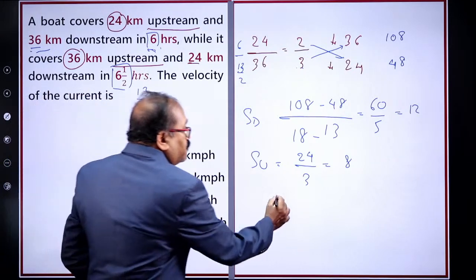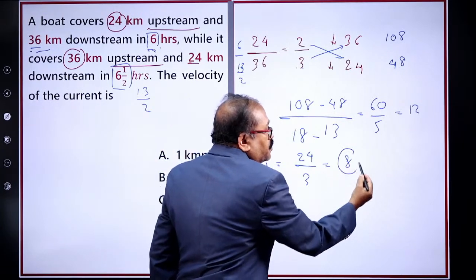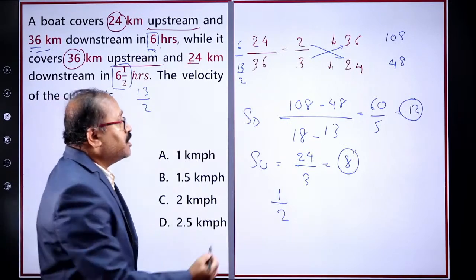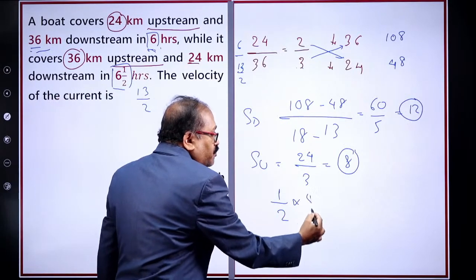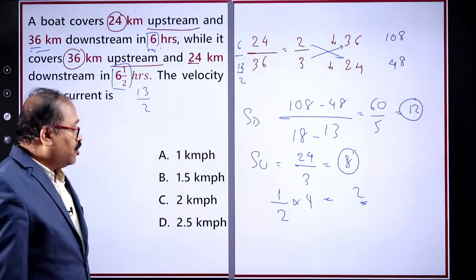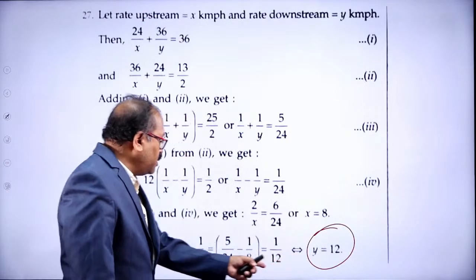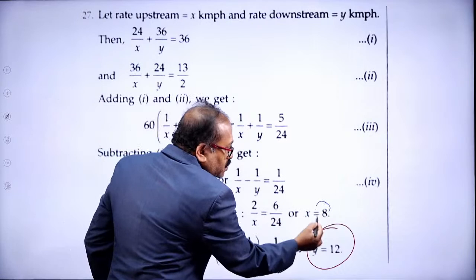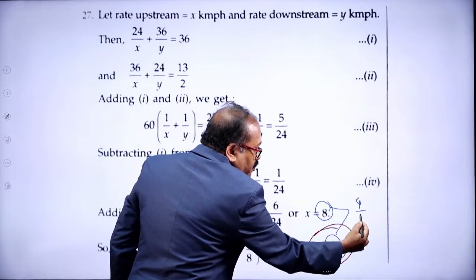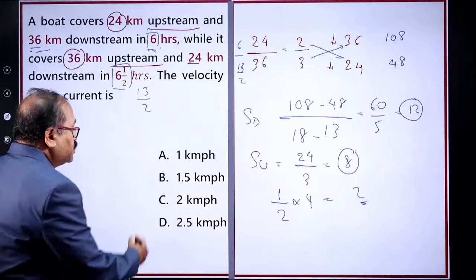And the speed of current will be half of the difference between the speed of downstream and upstream. What is the difference? The difference is 4. So when you divide this, 2 should be your answer. Now look at this one. What was answered over here? They got y as 12 and x as 8. The difference is 4 divided by 2. The answer is 2. So my answer to this question will be 2.